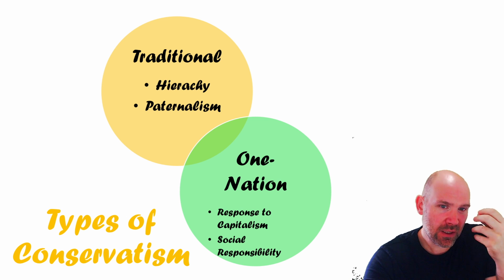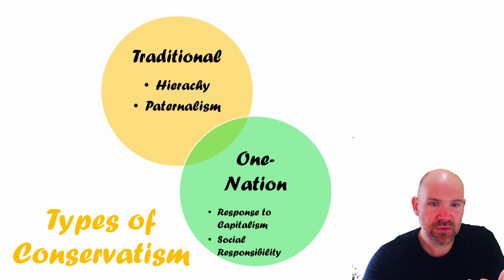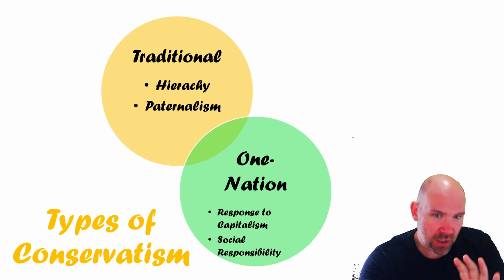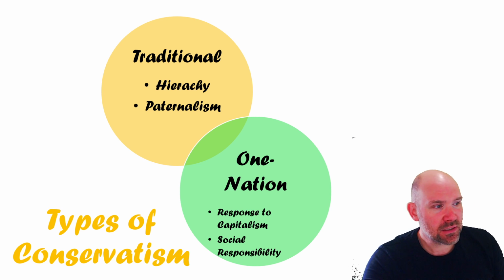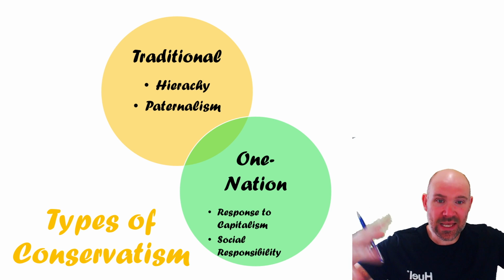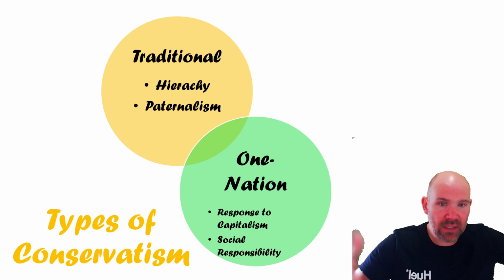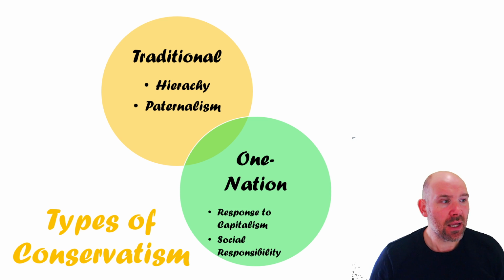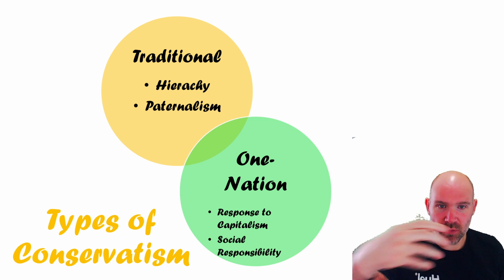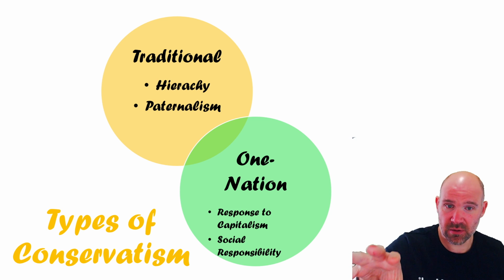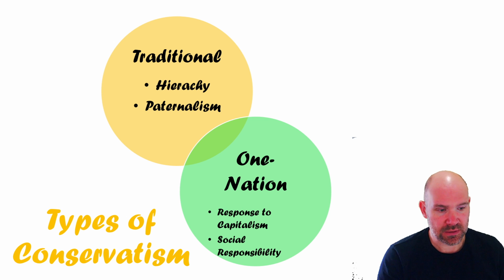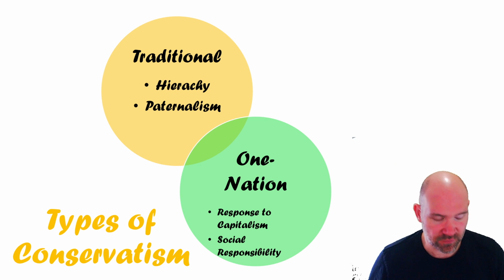It starts to bring in this idea that conservatives need to be socially responsible. It takes this idea of noblesse oblige even further and starts to talk about all of us as one nation. We are all in this together. And he brings in some laws that are specifically designed to aid and benefit those who are poorer in society. And when we look at Disraeli, I will flesh that out.